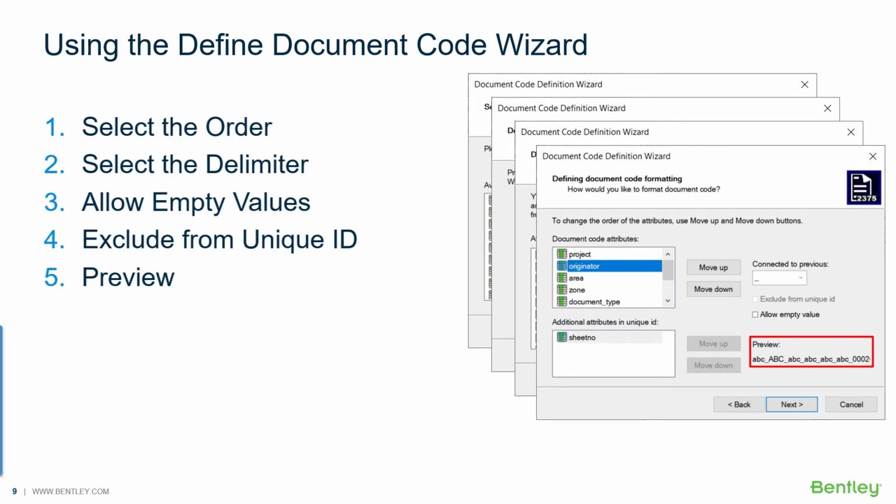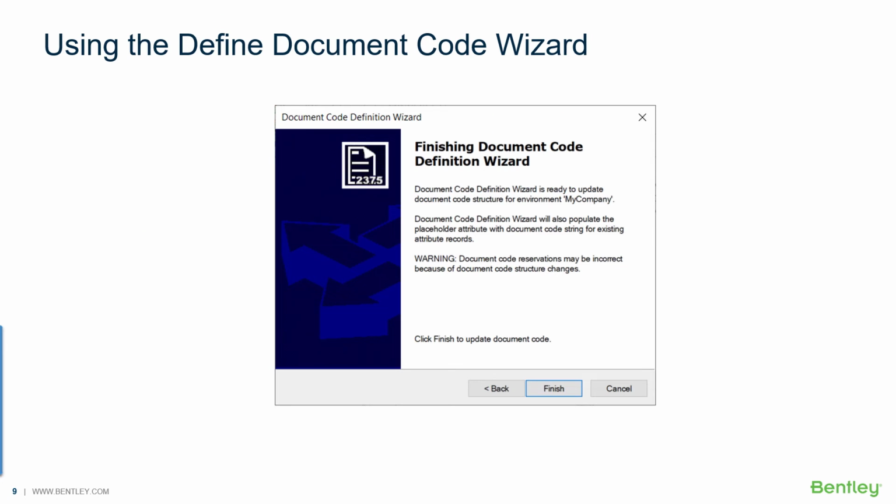After clicking Next on the last dialog, the Define Document Code wizard will validate entries, making sure the proper attribute types were selected for storing generated serial numbers and document code. Existing documents contain valid entries if not allowing empty or null values.